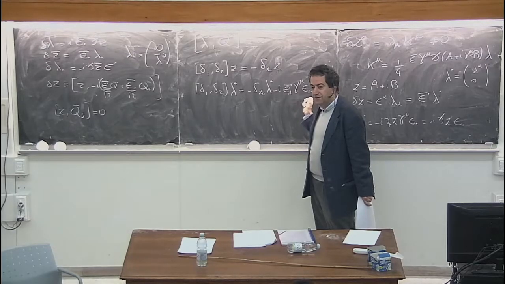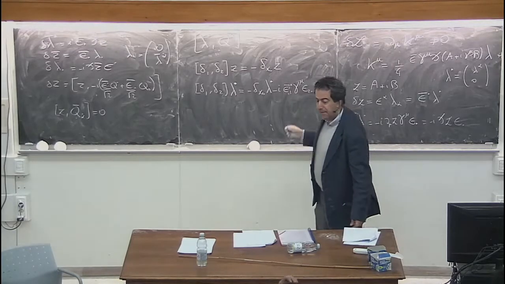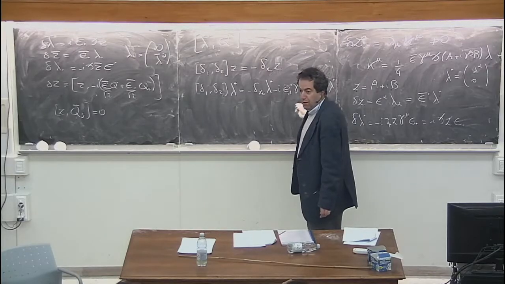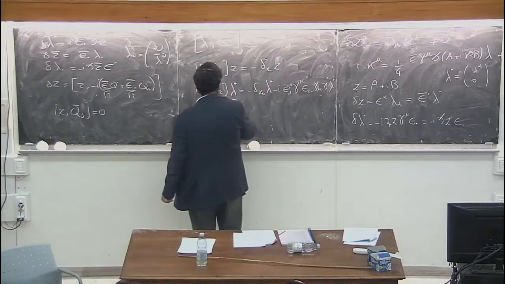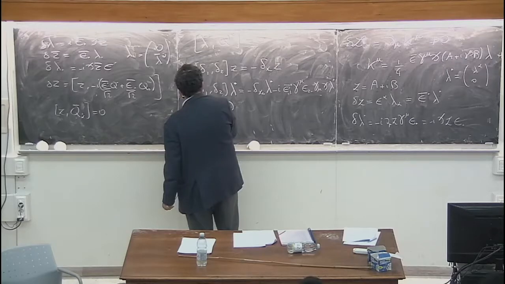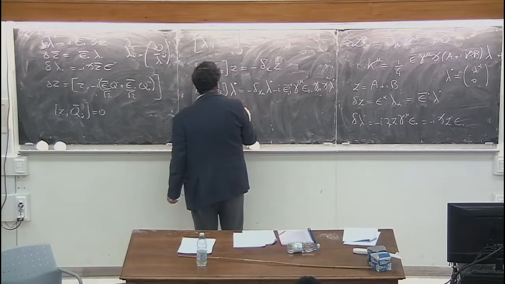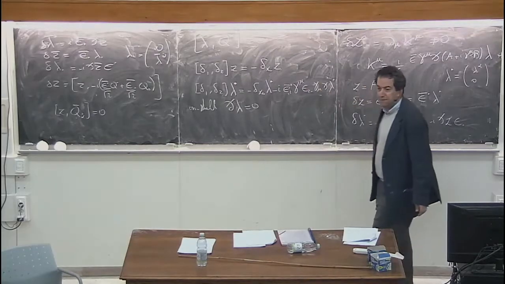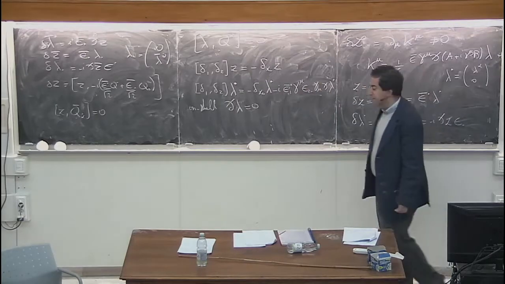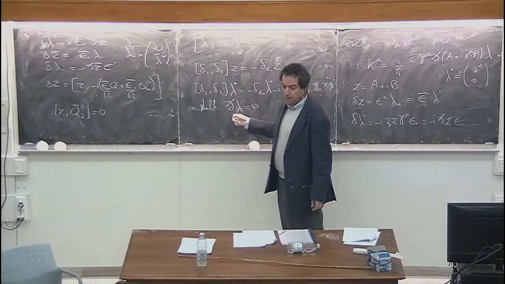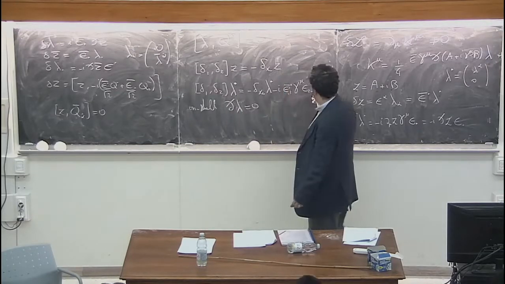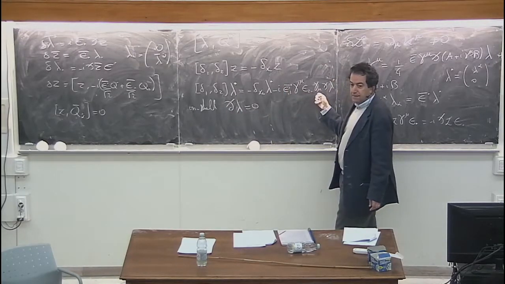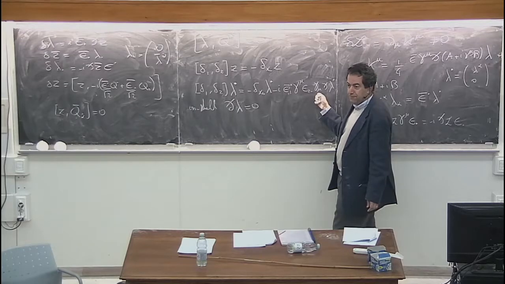Because you have an extra term here. But then this extra term vanishes on shell, because the field equation is just ∂-slash lambda equals 0, the Dirac equation for a massless spin-1/2 field, okay, and that sets the second term to 0.